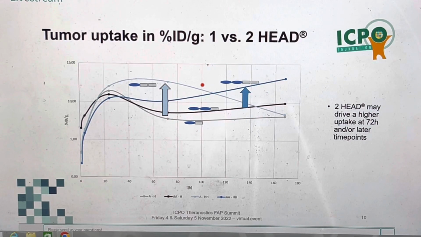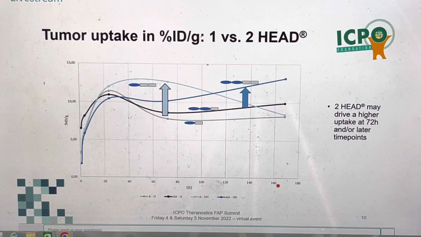In the first case, you see a difference mainly around the 72-hour time frame. And of course, in the double effluent construct, if you move from one head to two heads, you see again quite a sustained, prolonged uptake in the tumor.